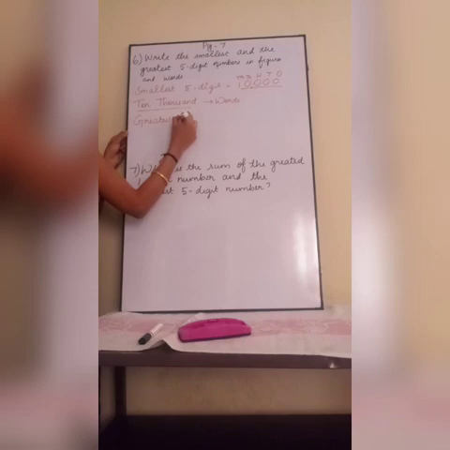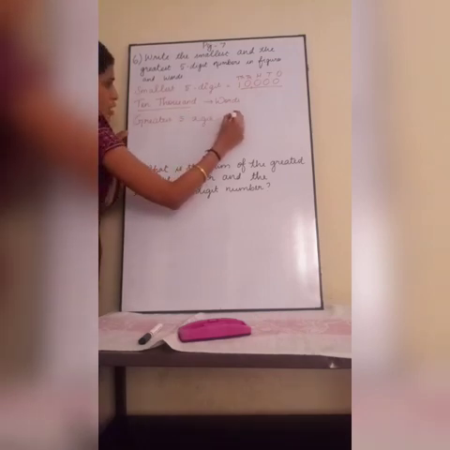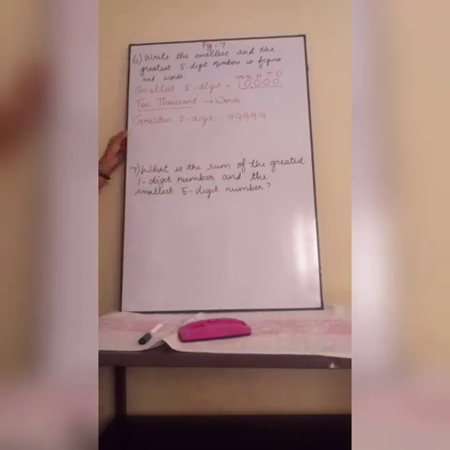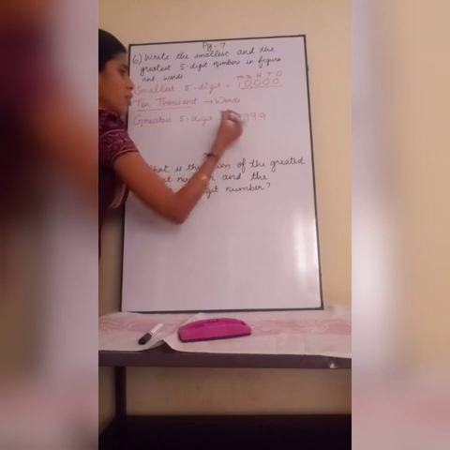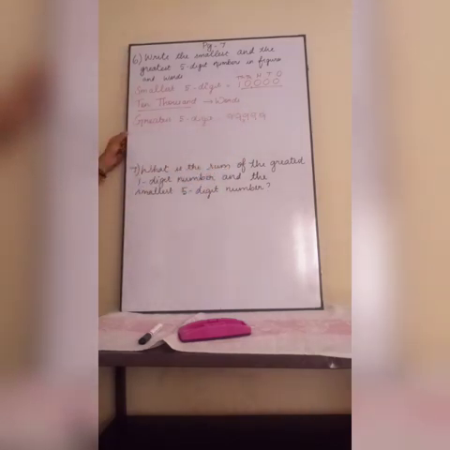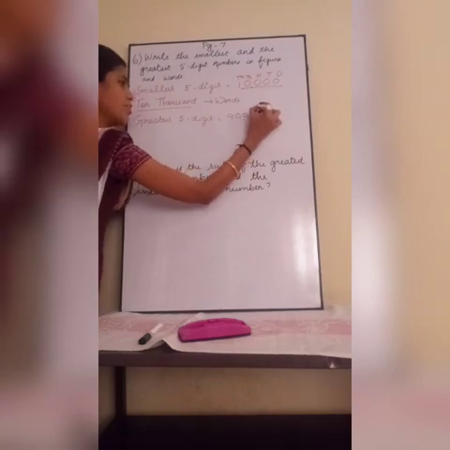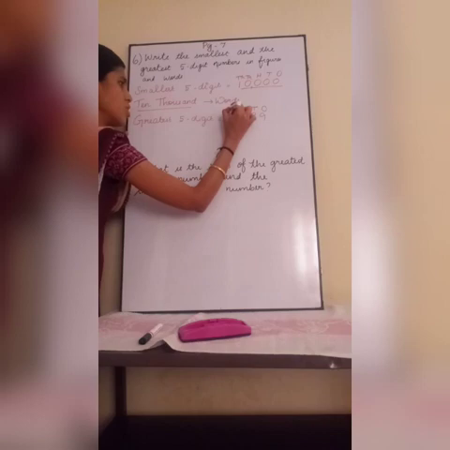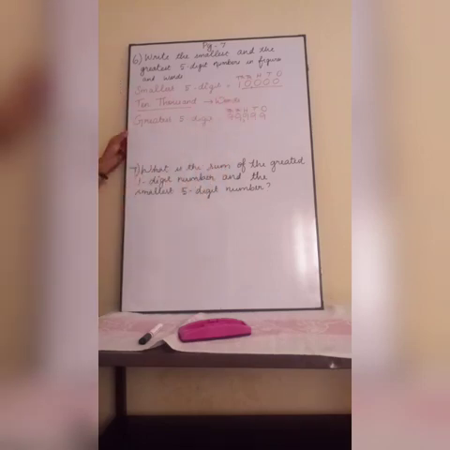Next, what is your greatest 5-digit number? The greatest 5-digit number is 99,999. This is your numeral value. You have to write it in words. First you should write the place values: ones, tens, hundreds, thousands, ten thousands.